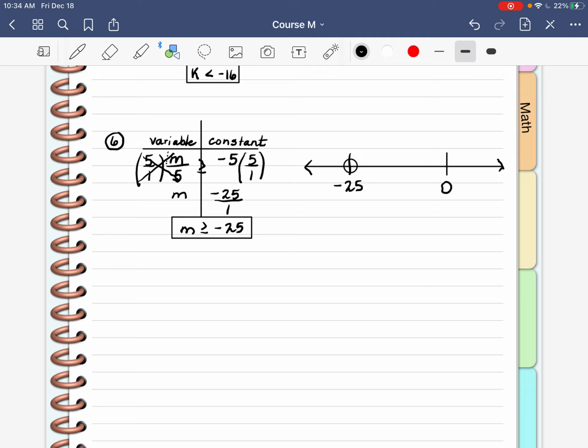This time it is greater than or equal to, so we're going to color that circle. It's closed. And the arrow is telling me that anything above that line would be the solution. So 0 would be one of the solutions. So would negative 20 or positive 20. Anything above negative 25.